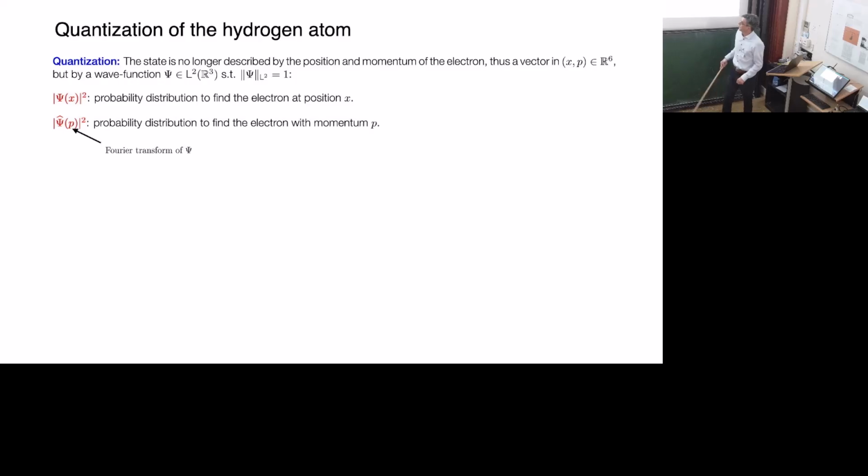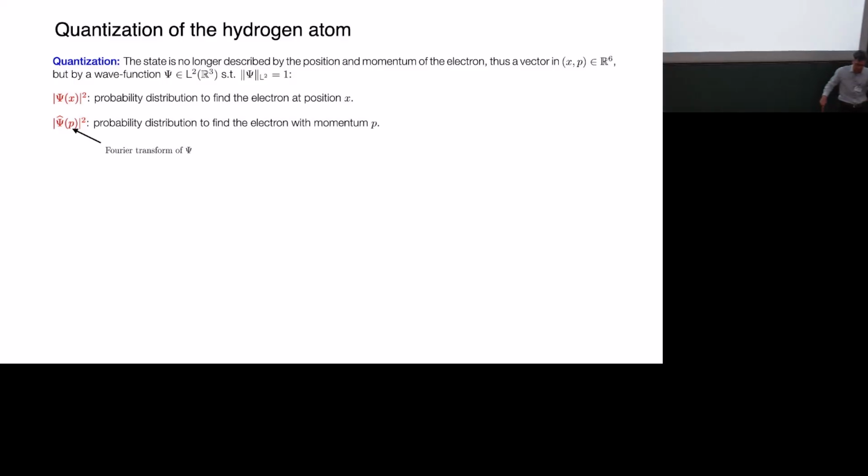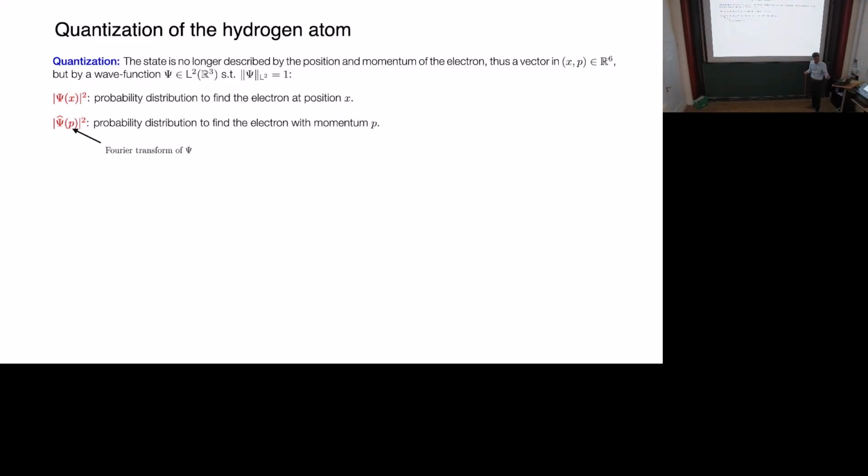If I take the Fourier transform of it, I interpret this as the probability density to find the electron with momentum p. But you see, since I have the function and I have its Fourier transform, there's a coupling between the spatial distribution and the momentum distribution.